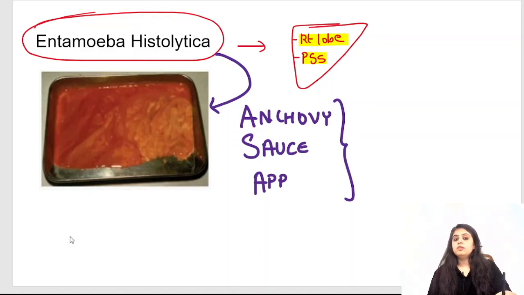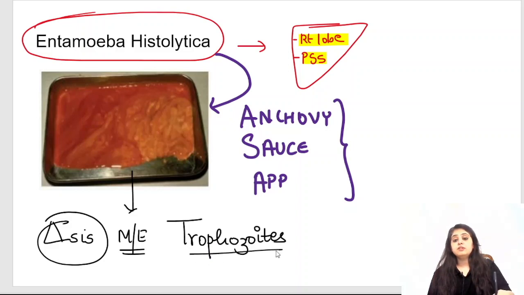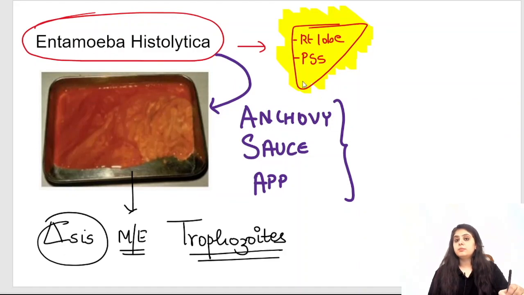And do you know what we do for the diagnosis of this? If you get this, what are you going to see under the microscope? Which form of entamoeba are you supposed to see? Trophozoites are characteristic. Remember, for liver only, I'm not talking about intestinal amoebiasis. How do we do the diagnosis of liver amoebiasis?